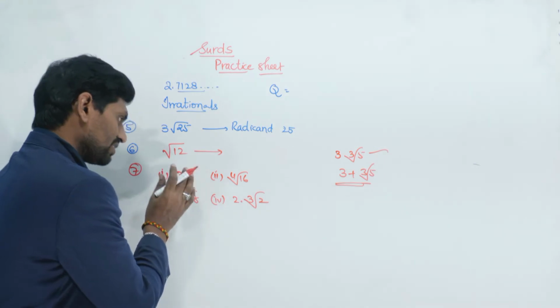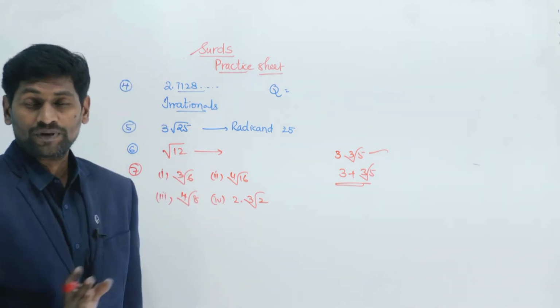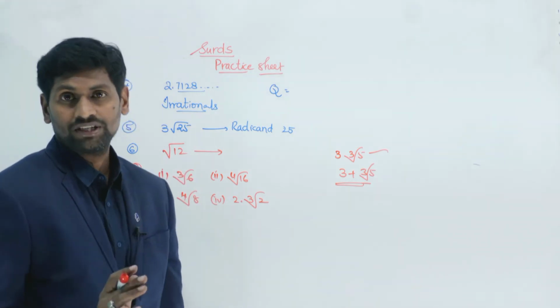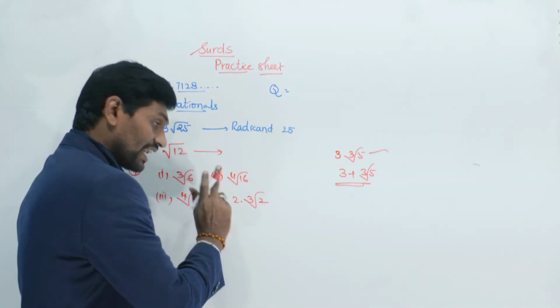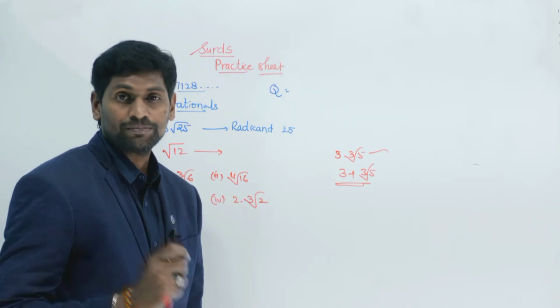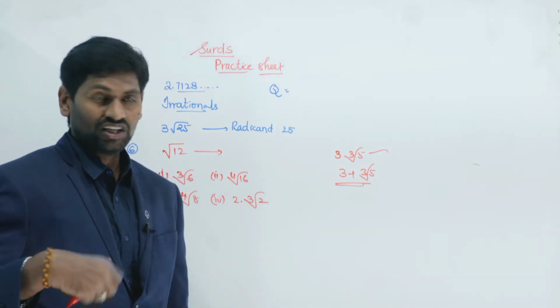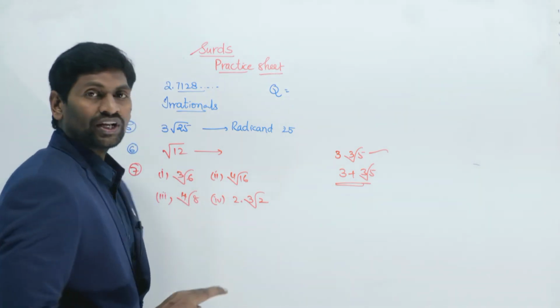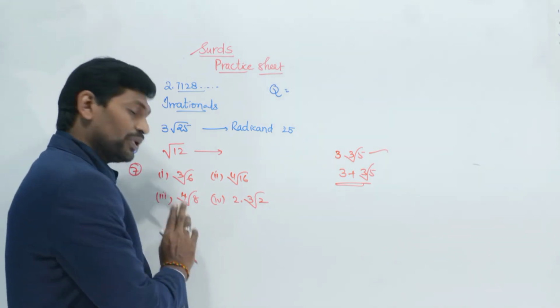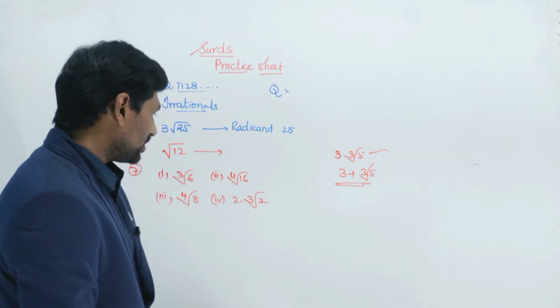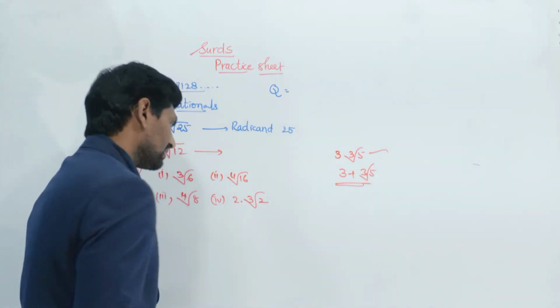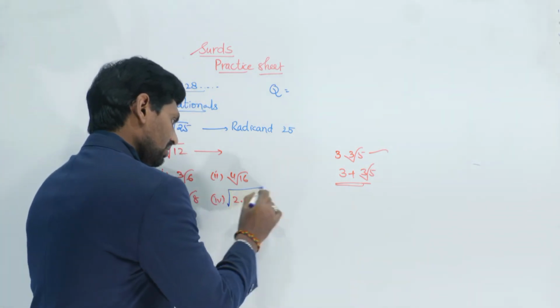Before cube root 6 there is no number, that means only 1 is there. So it is a pure surd. Second one is a rational number because 16 can be expressed as 2 power 4. Same way, 4th root 8 is a pure surd, but the last one, 2 into cube root 2, is the only mixed surd.